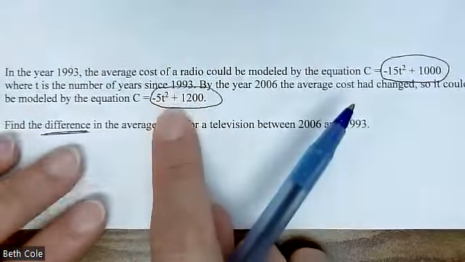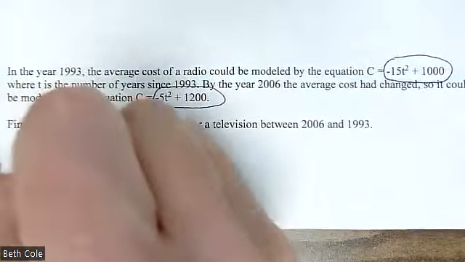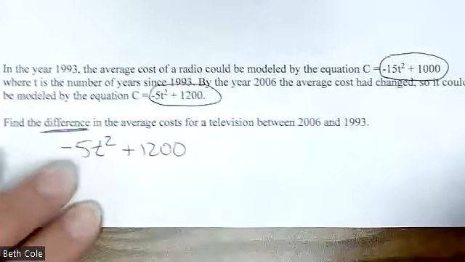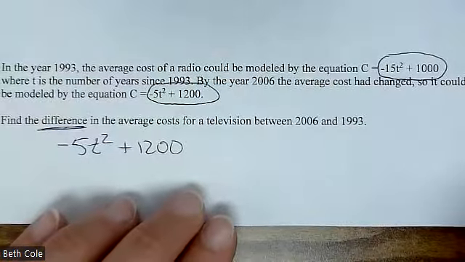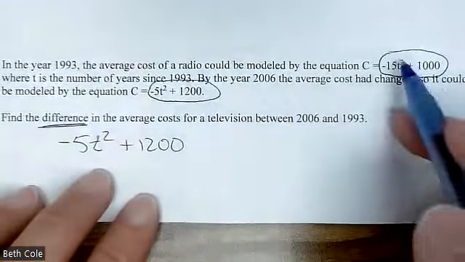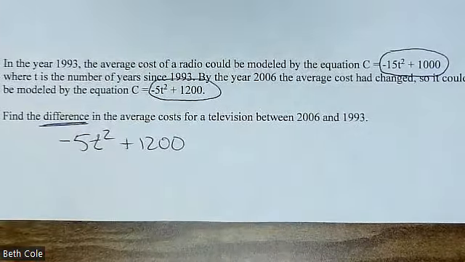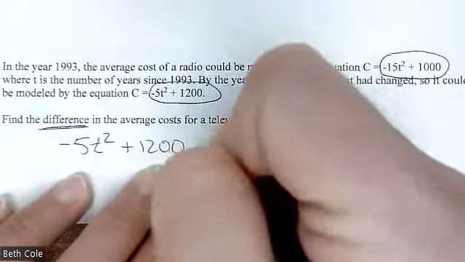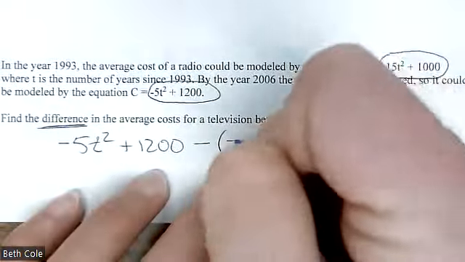So you're going to take this one, the -5t squared plus 1200. You take this one minus that one, because you take where you ended up minus where you started. So you want the 2006 equation minus the 1993 equation.